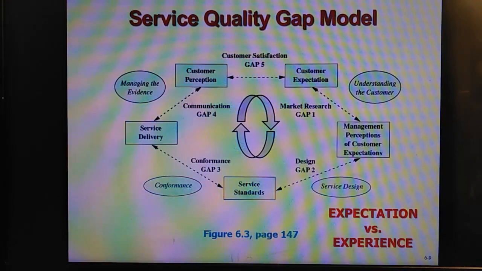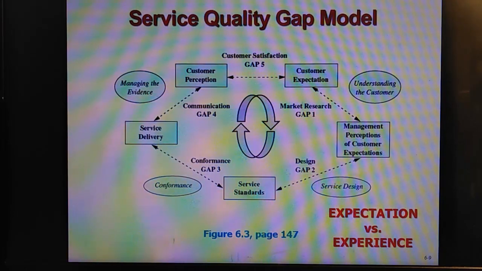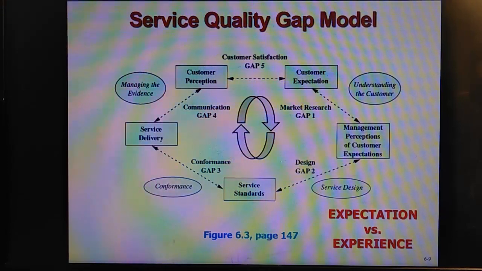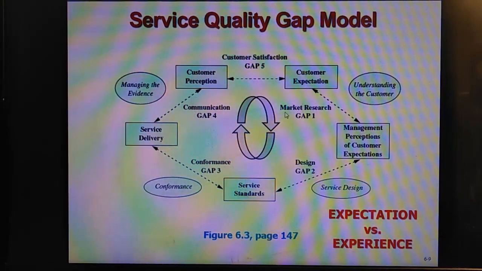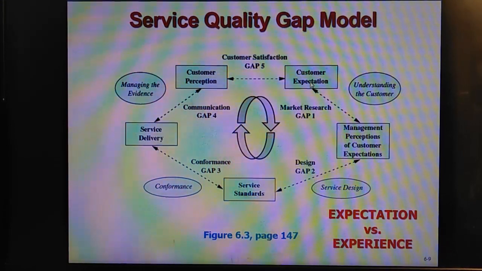Under those 3 expectation scenarios, we can craft the service quality gap model. This is in your textbook at figure 6.3, page 147. In this service quality gap model, it starts here with the customer expectation. What do you expect of the service from, for example, car servicing?